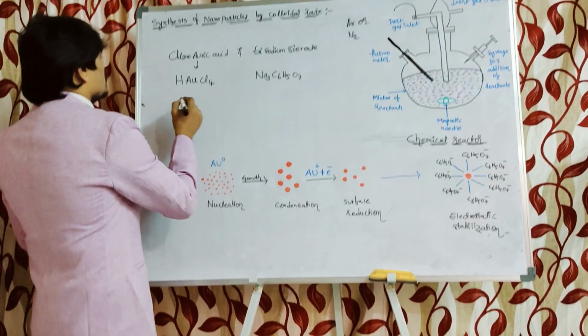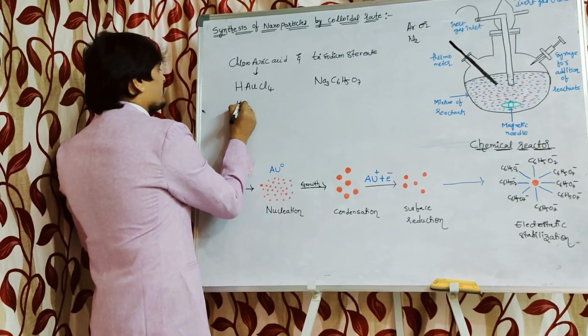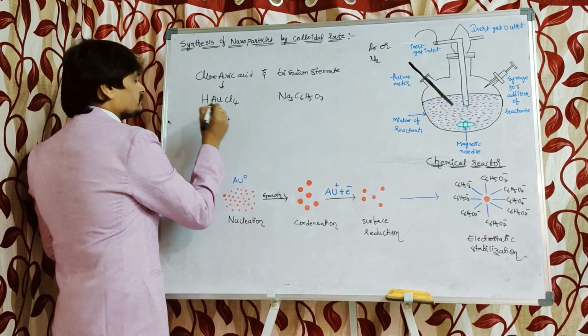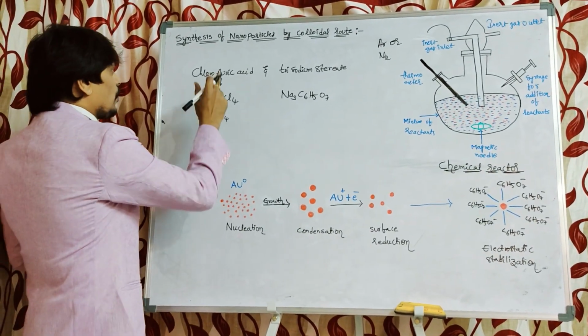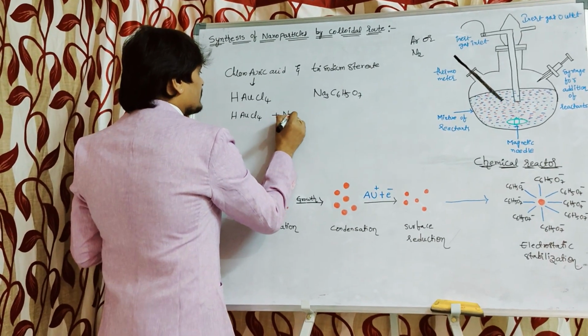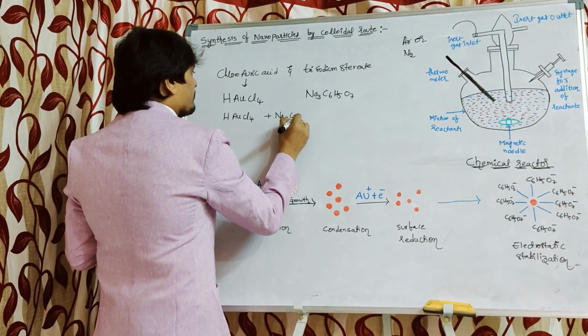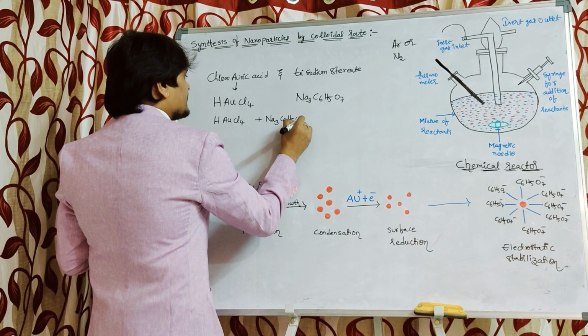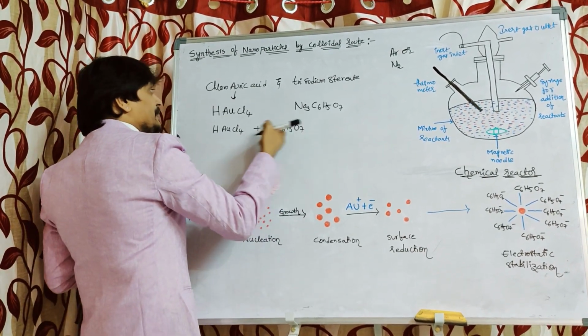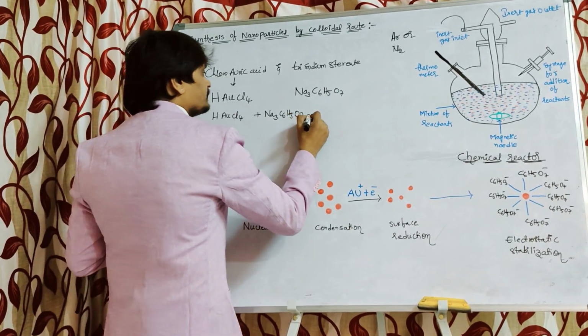Let's see. HAuCl4, what is it, students? Chloroauric acid, which is one of the reactants, reacts with trisodium stearate. What is its role? It is a reducing agent, which reduces the chloroauric acid.